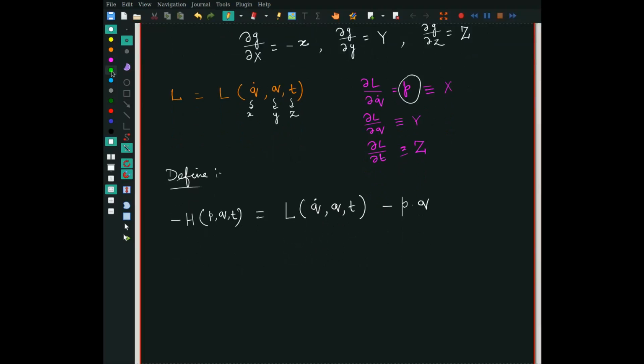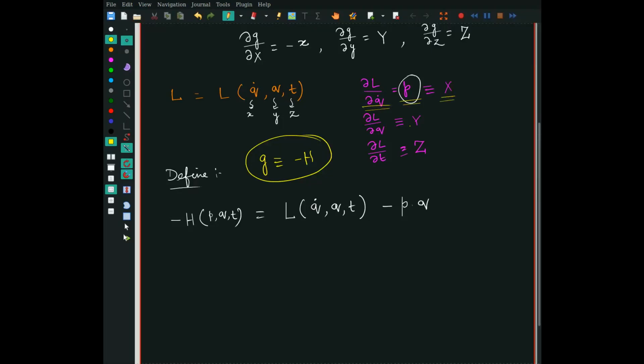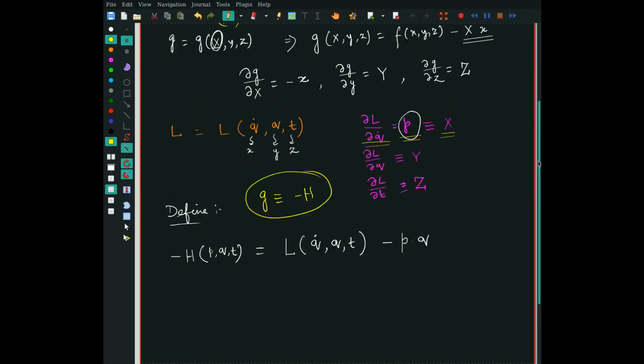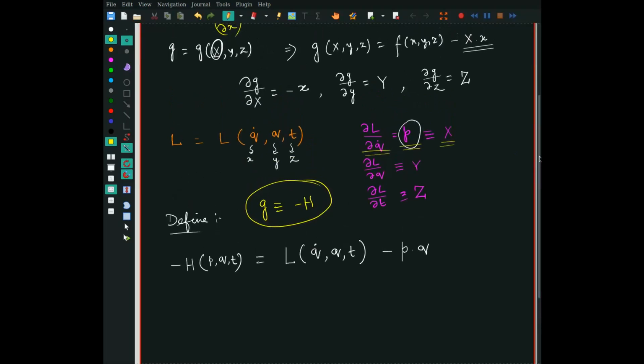Let me write it down. The role of g is played by minus H. So from the first equation, del L del q dot equals p, which equals X. Excuse me, sir? Yes. Will it be minus p q, because if we are defining p as del L by del q dot, then in multiplication it should be q dot. What is q dot?